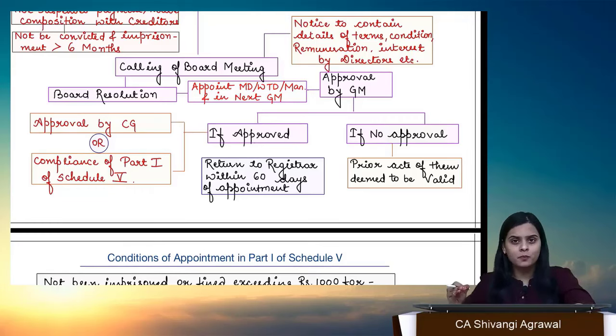Supposedly, we want to increase this limit. We can increase this limit by passing SR. But we want to pay our directors more than the limit which has been specified in the Act, but we don't have money to pay to our debenture holders, to repay our creditors, to repay our loan.